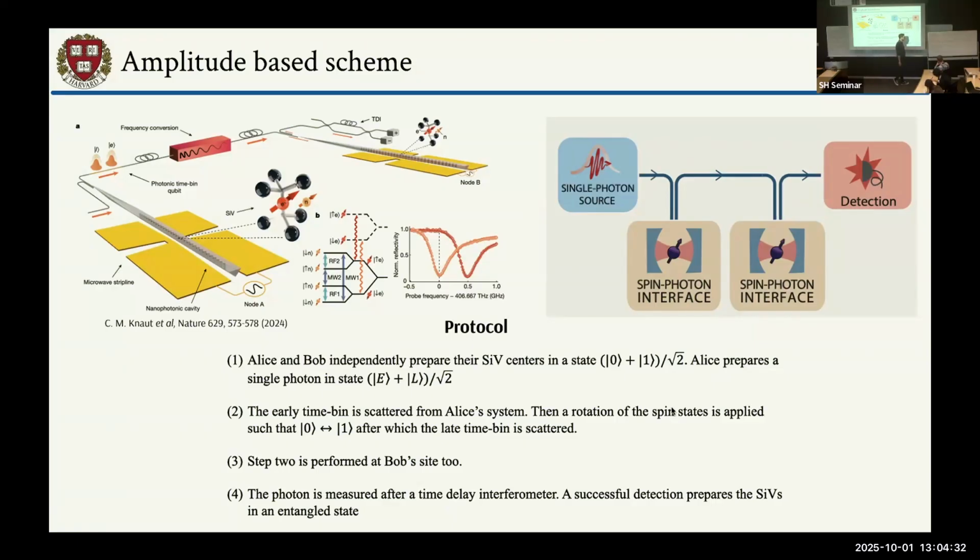So in the end, I hope you can convince yourself, we'll end up with |0,0⟩ early plus |1,1⟩ late, if the photon still survives.